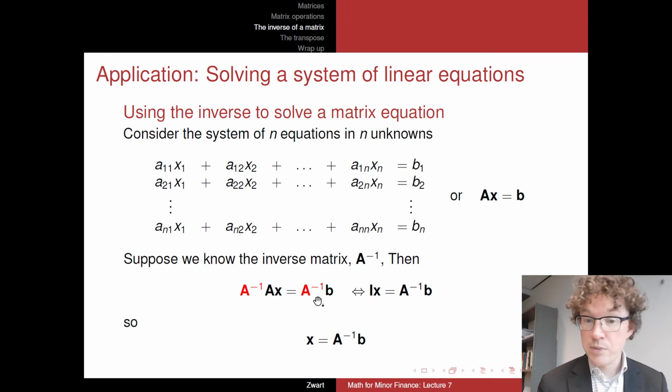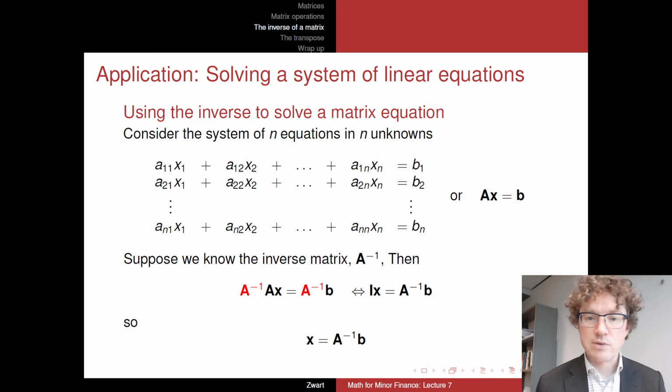I've also multiplied the column vector b with the same inverse matrix, so that remains as A inverse b. I just multiplied both sides by the same thing, A inverse. So this equation says the identity matrix times the column vector x equals the inverse matrix A inverse times the column vector b.